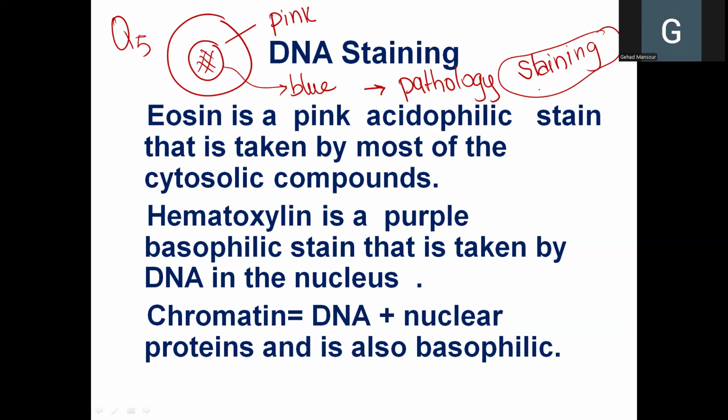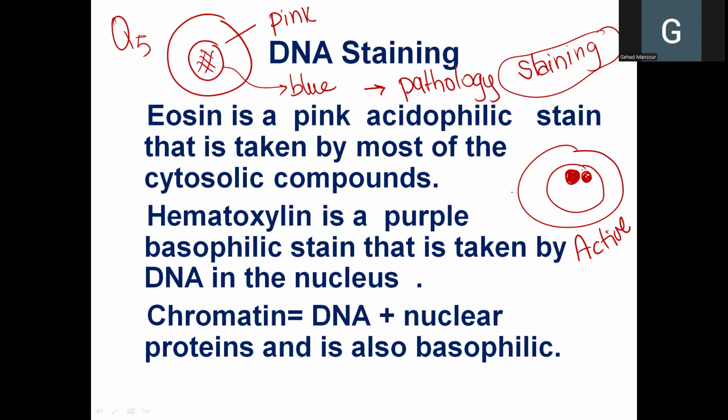Because if you see, for example, in a cell prominent nucleoli and that the nucleus is deeply stained, deeply blue, or sometimes you might have two nucleoli, this gives you the impression that this is a very active and rapidly dividing cell.